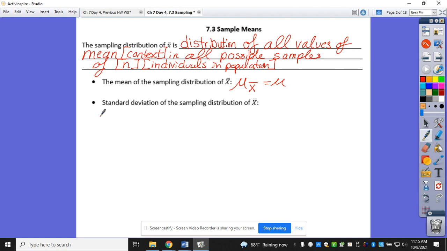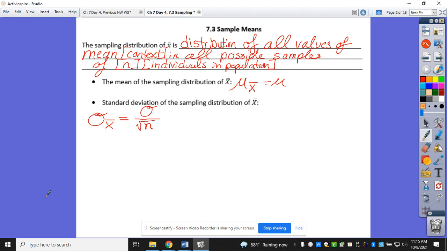Now, here the equation is different. We know that it's going to be sigma of what? So sigma of x bar actually equals sigma over square root n. And this is where, if you don't know what the symbols are, this starts to get confusing, because how can a sigma equal a sigma?